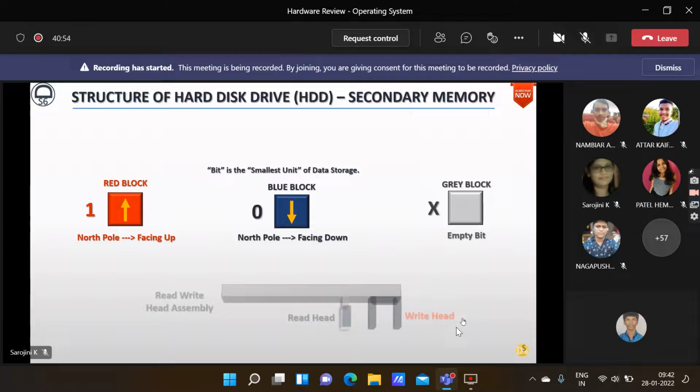The read-write head assembly has two separate heads: the read head and the write head. The write head is basically an electromagnet with a coil properly shaped like this. To direct the magnetic field into a bit, it magnetizes it as it passes by.